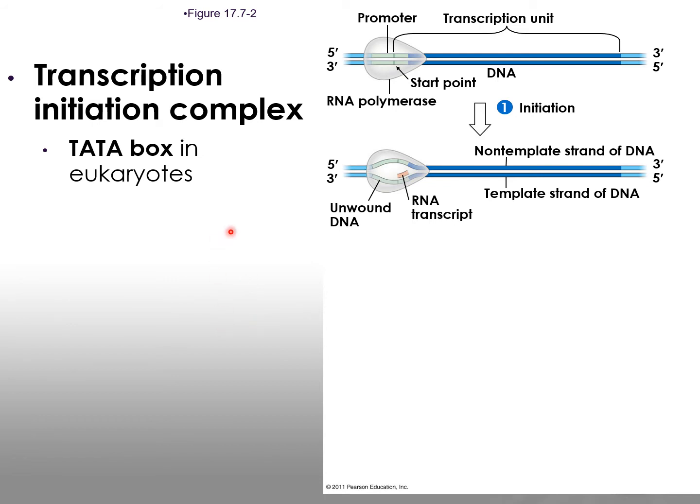The Tata box is present in eukaryotic pieces of DNA, not in prokaryotic pieces of DNA. The Tata box is thought to be important in forming this transcription initiation complex. The Tata box is called so because it has alternating thymines and adenines in the DNA sequence.